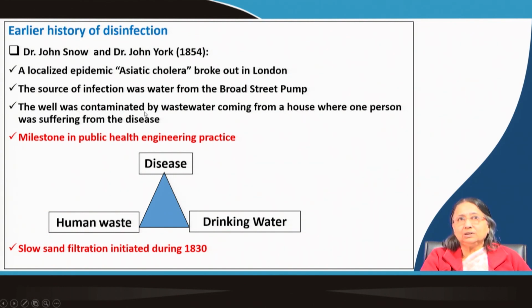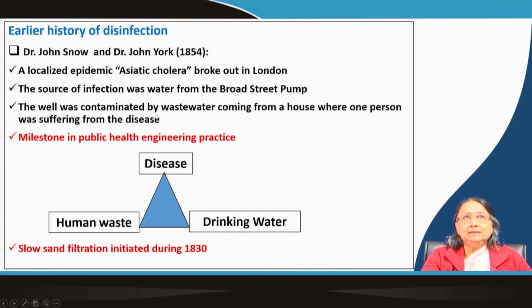The well was contaminated by wastewater coming from a house where one person was suffering from the disease. There was actually a broken sewer, and from the broken sewer, this contamination reached the pump water. The broken sewer was carrying water from another house where one person was suffering from Asiatic cholera.